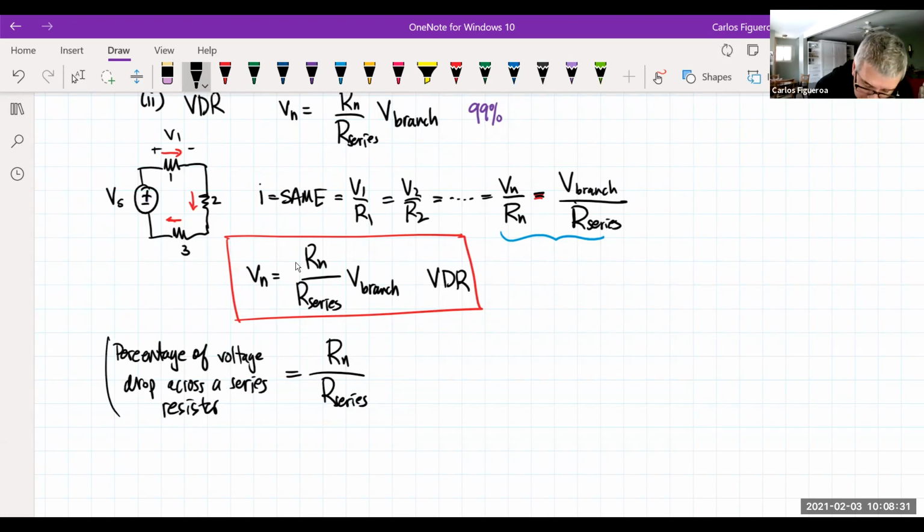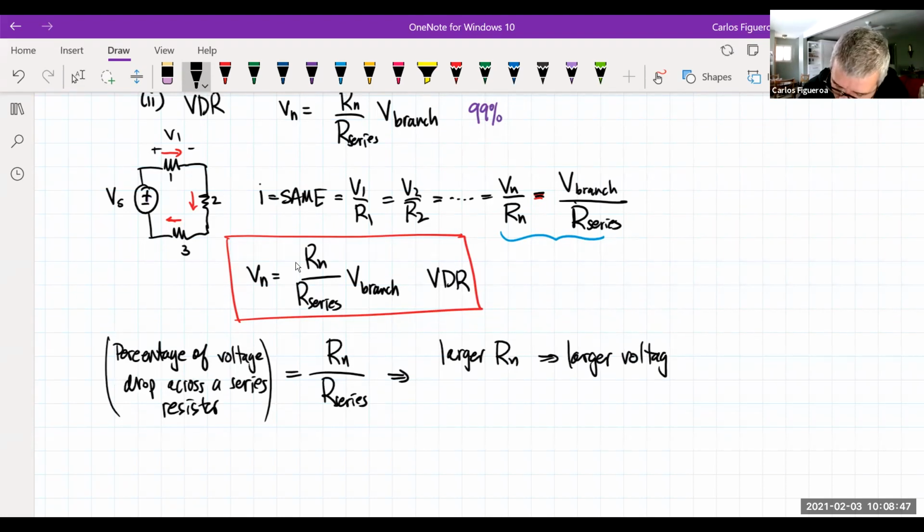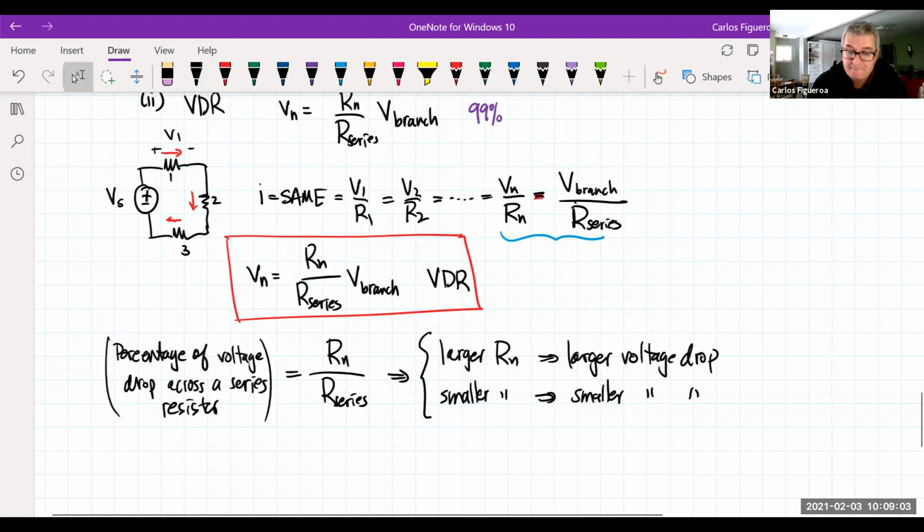So the percentage of the voltage drop is proportional to the resistor. This implies that if I have a larger resistor, I'm going to get what? A larger voltage drop across that resistor. If I have a smaller resistor, then I'm going to have a smaller voltage drop across it. So the voltage drop tells us about that. And that's the voltage divider rule.